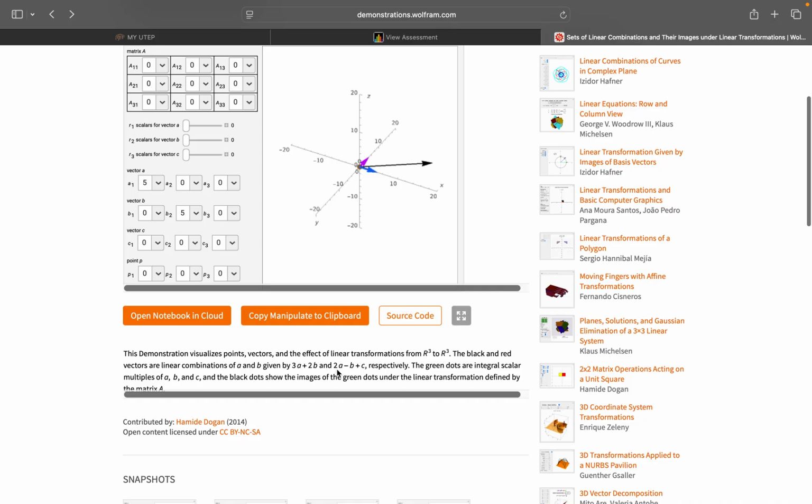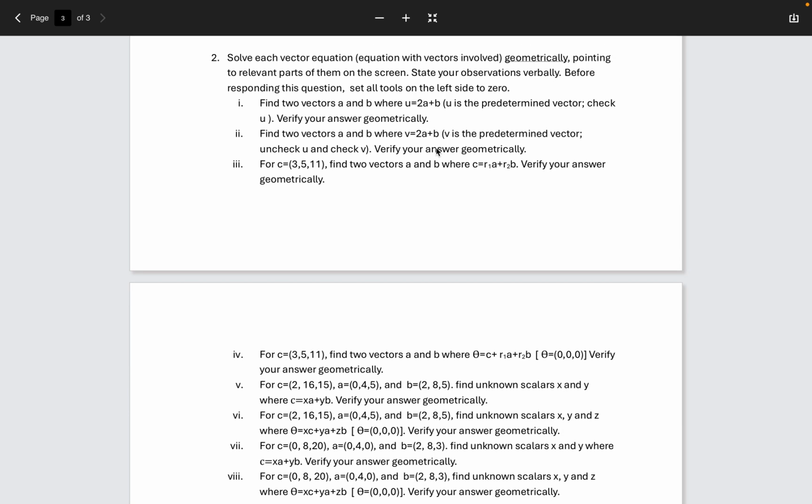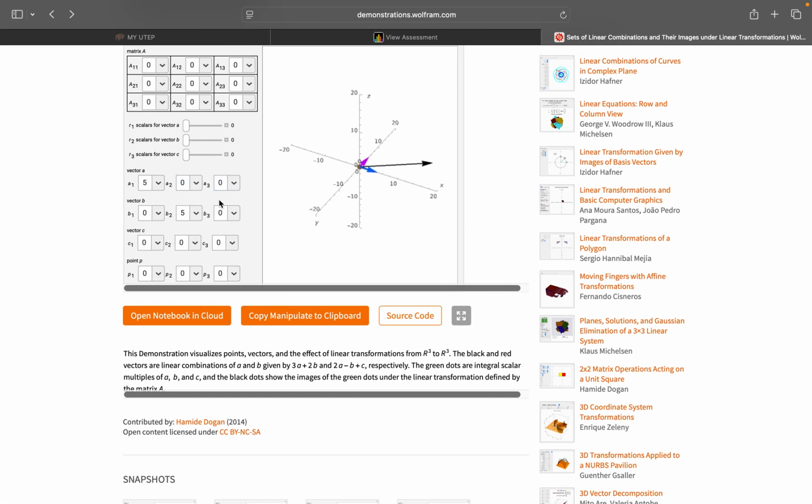So for b is 2a minus b plus c for the predetermined vector. It will be the same thing. So 2a can be any number plus b.